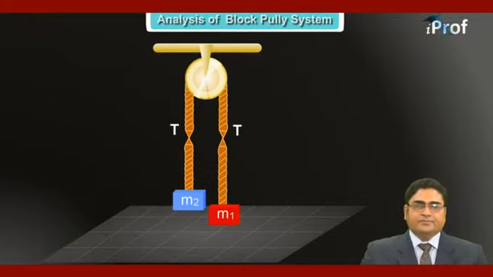For calculating accelerations of block and tension in string, let's draw free body diagrams for M1 and M2 blocks. And if you want to know the reaction force at the fixed support, then we need to draw the free body diagram for the pulley also.